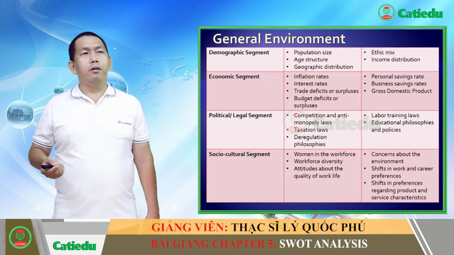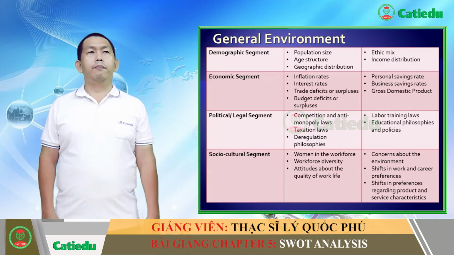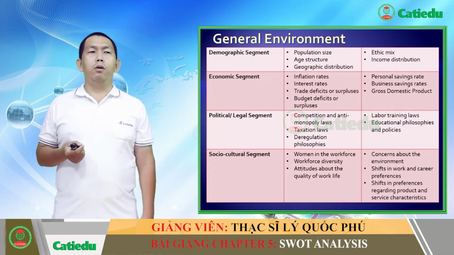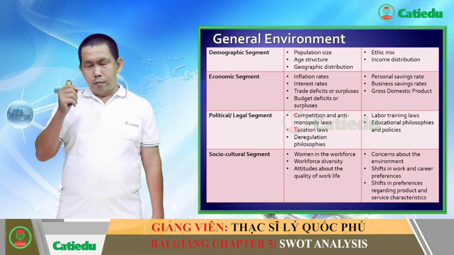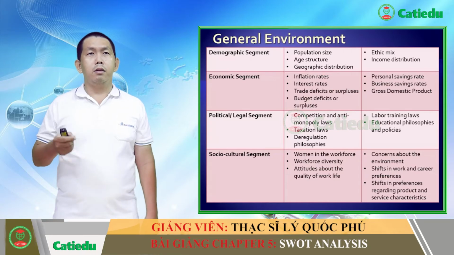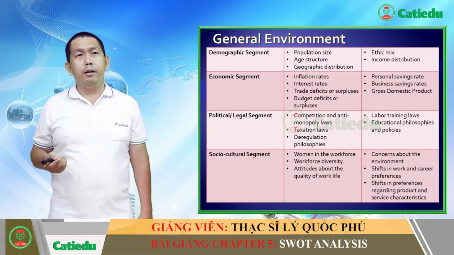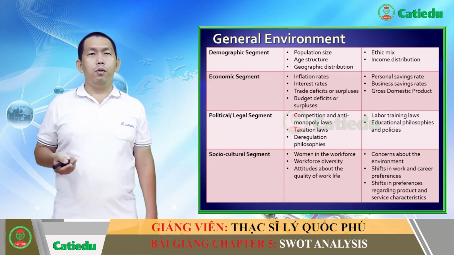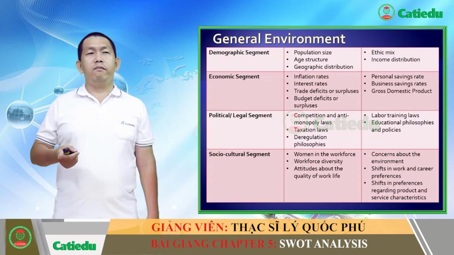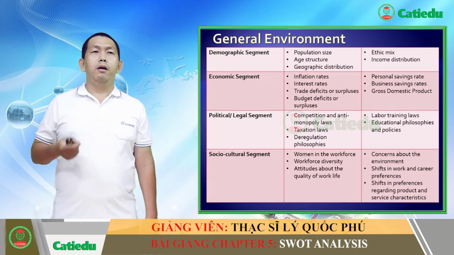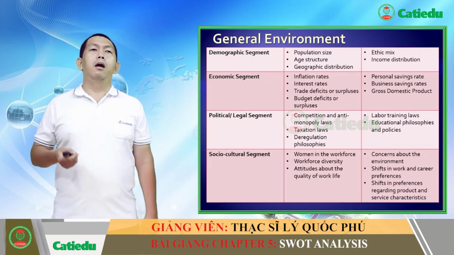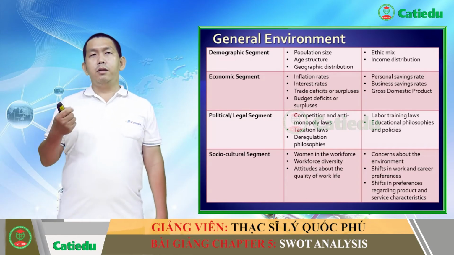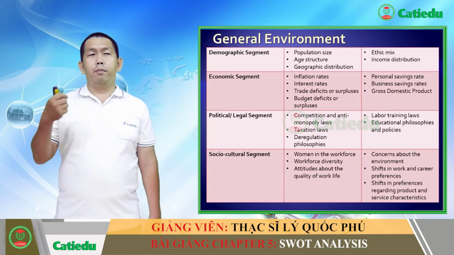So from the general environment, you have demographic segments, economic segments, political and legal segments, and social and cultural segments. The demographic segments include population size, age structure, geographic distribution, ethnic mix, and income distribution. From economic segments, you have inflation rates, interest rates, trade deficits or surpluses, budget deficits or surpluses, personal savings rates, business savings rates, and gross domestic product.